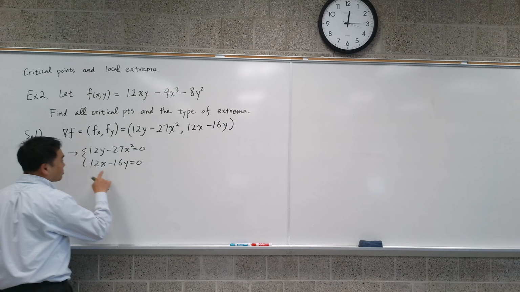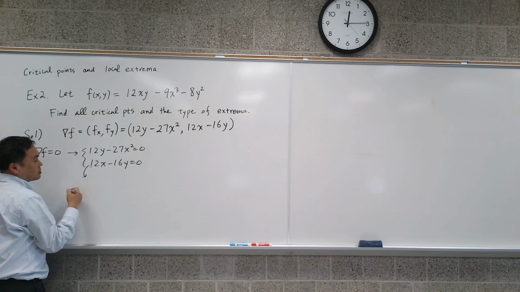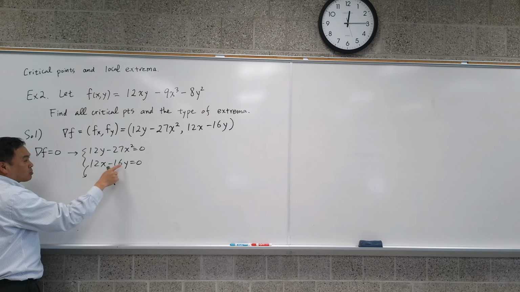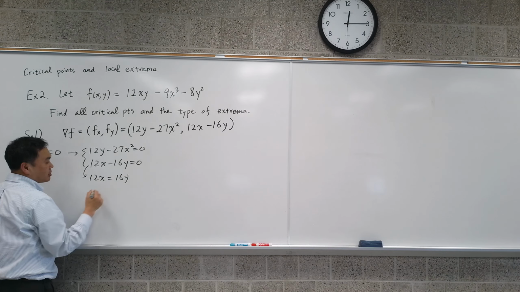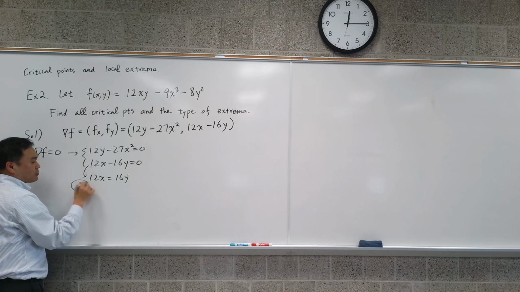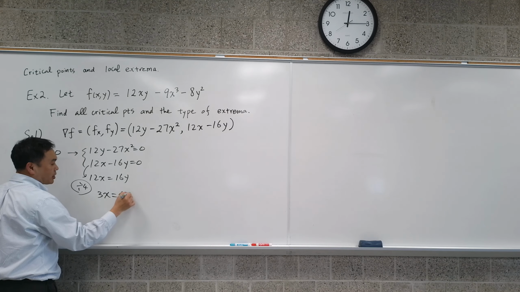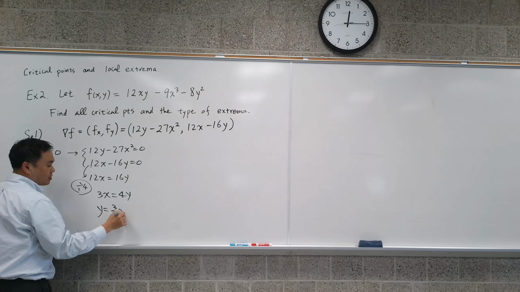Let's try to solve the second one by y. If I solve for x, then I have to square it, so it becomes harder. So let's solve this by y. So 12x is equal to 16y. Let's first divide both sides by 4 because that makes it easier. So it becomes 3x equals 4y. Therefore, y becomes 3/4 of x.